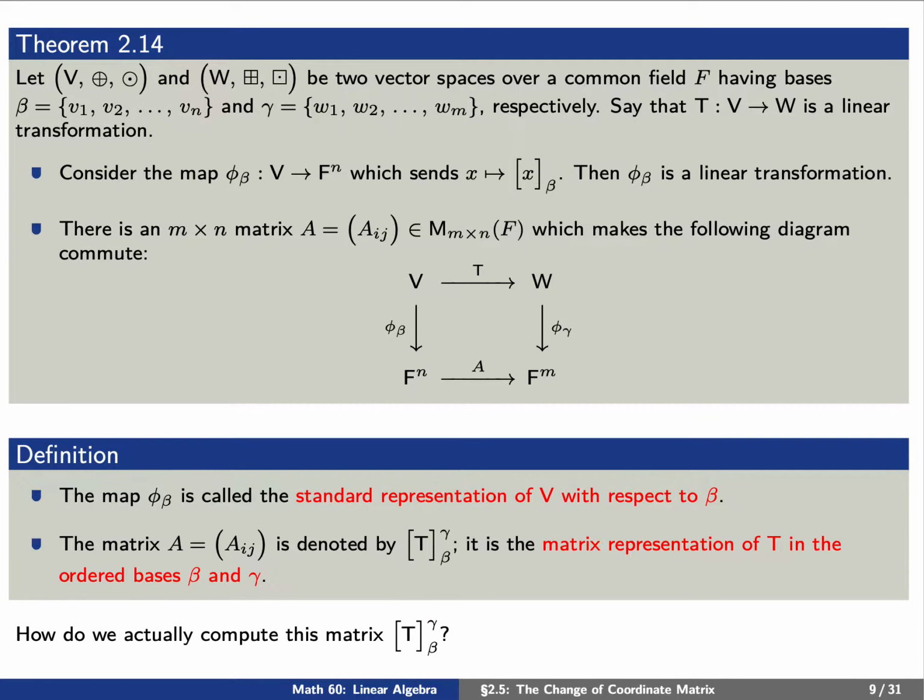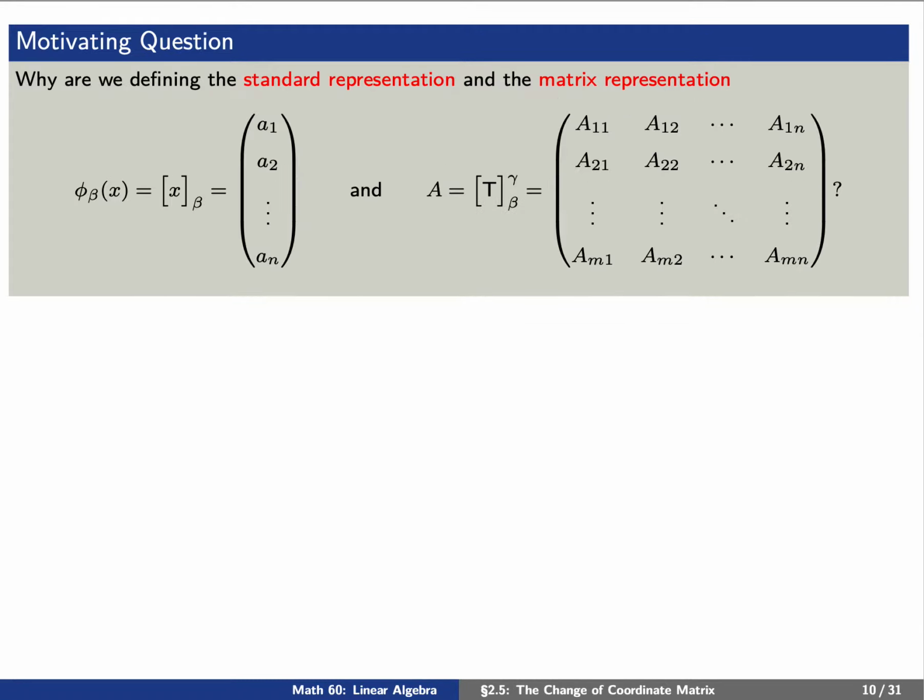Later, we're going to focus a little bit more on how we'll actually compute this matrix representation. We're defining the standard representation and the matrix representation simply because they keep track of the scalars.